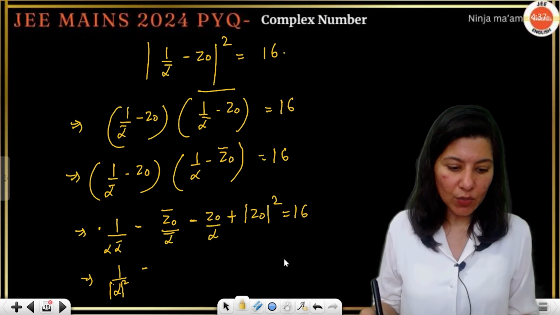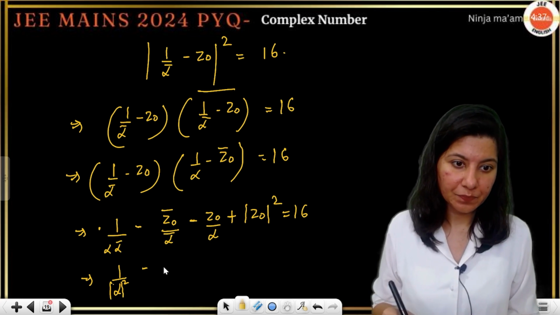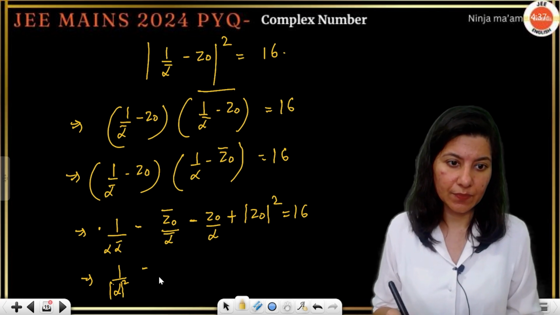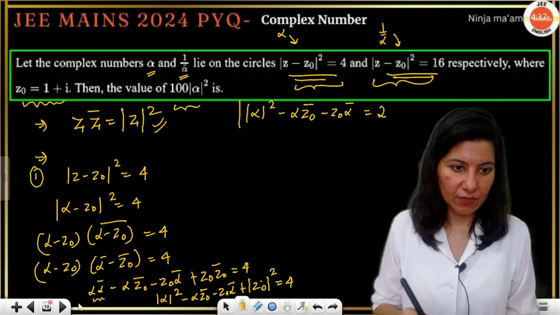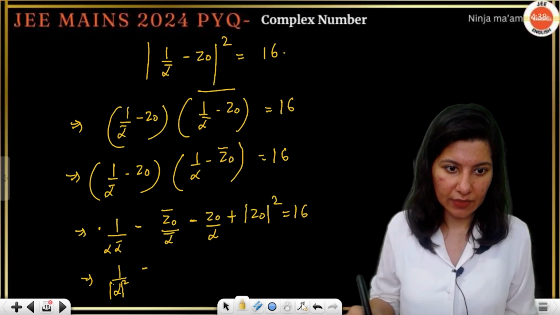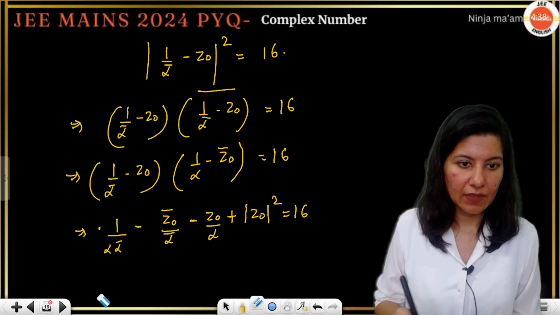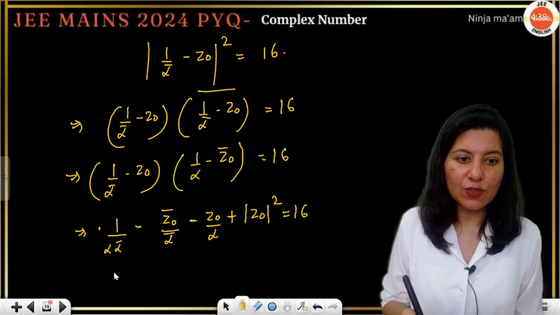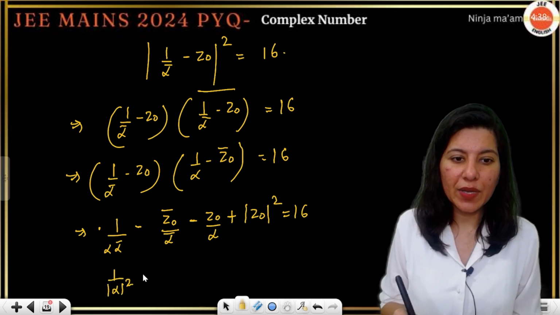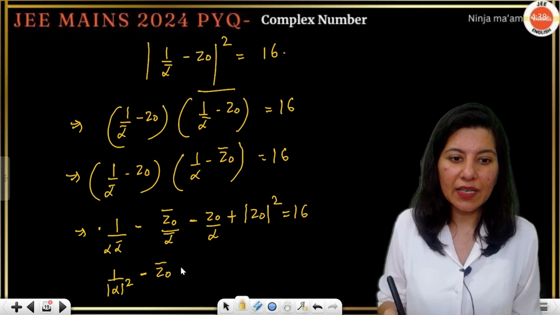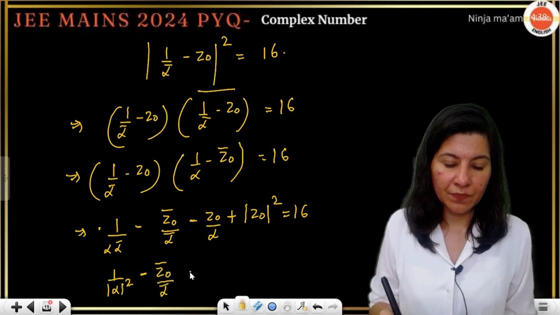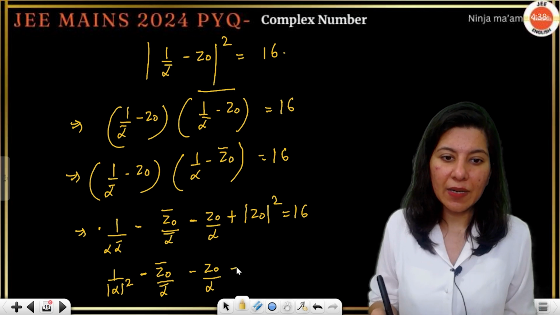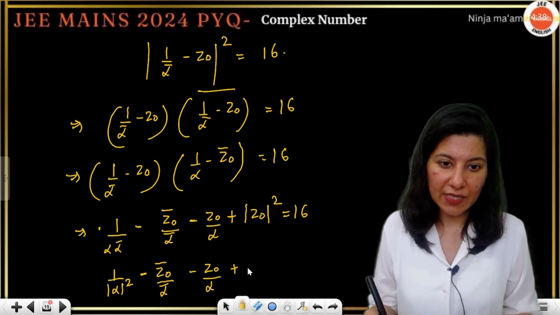Okay, so can I do one thing in this? Can I take LCM? Okay, yeah, let's take LCM for this. Right, so this is actually becoming 1 upon mod alpha square minus z naught bar alpha upon alpha bar minus z naught alpha plus 2.